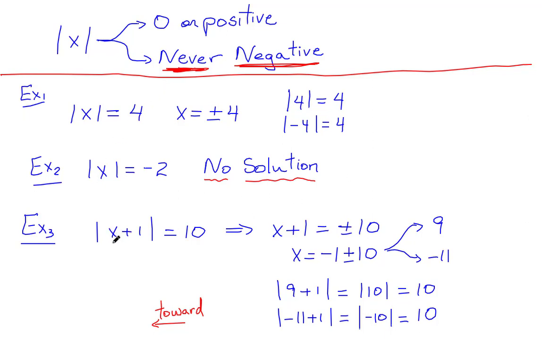What about if I had x plus 1 on the inside? And in absolute value, I want that to be 10. Well, if the inside calculates to 10 or minus 10, it'll still work. And that's why when we solve this, it's x plus 1 equals plus or minus 10.